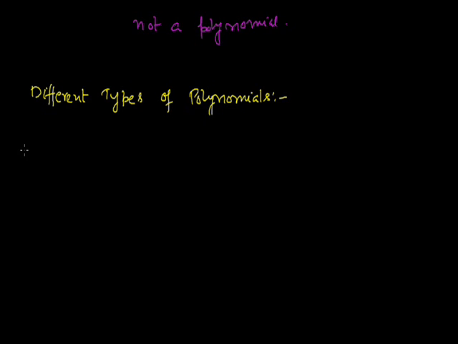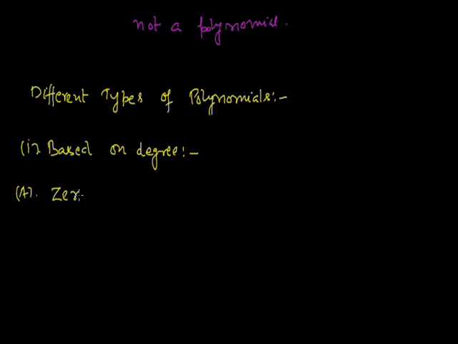Fine. So first we discuss polynomials based on degree. There are four types of polynomials based on the degree.